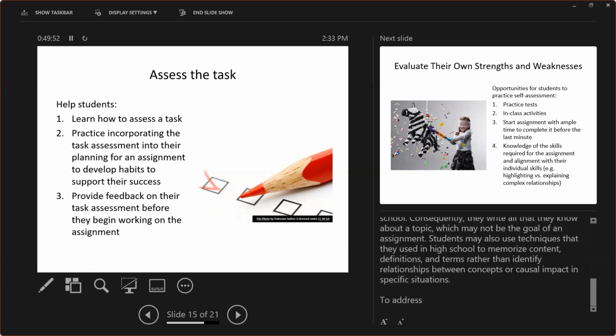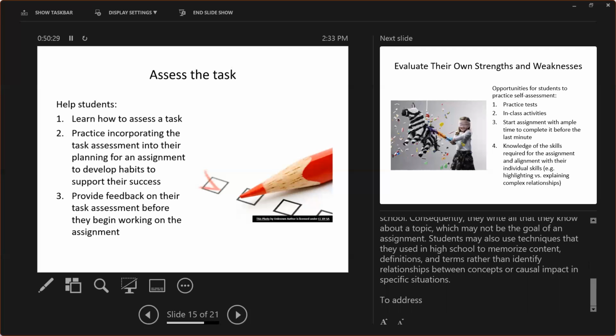And so to help them assess the task, when you have an assignment, let's say you posted it on Blackboard, and you have instructions and you think that they're clear. But what you could do is have the assignment instructions up in the course, whether it's online or you're face-to-face, and just do sort of a quick exercise where you ask them, you're sort of guiding them through assessing this task.